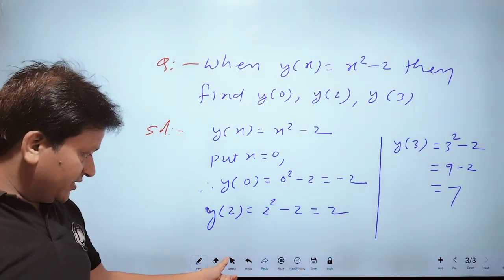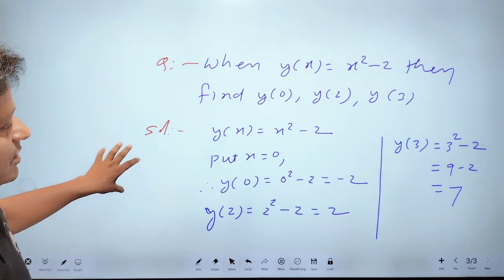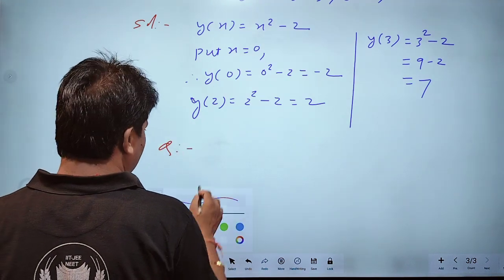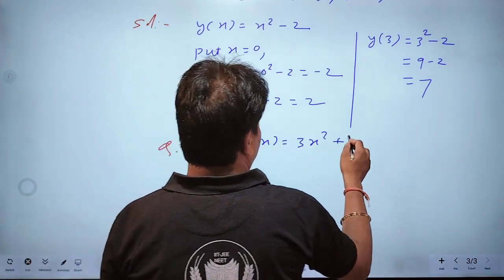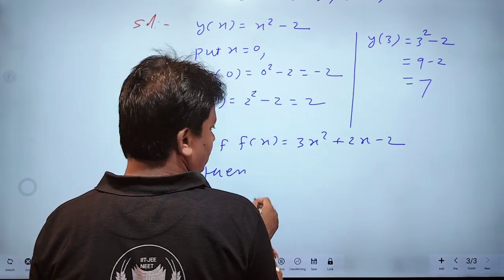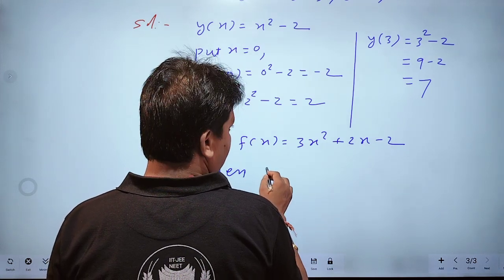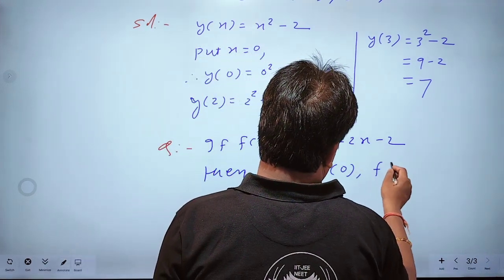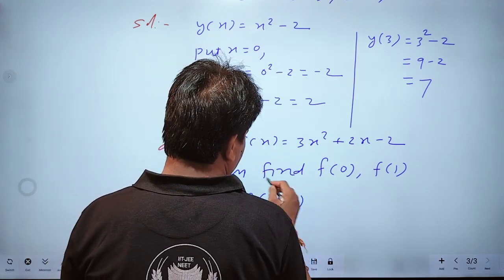Now I am going to give a question for you, like this. If f(x) is equal to 3x square plus 2x minus 2, then find f(0), f(1), f of f(1).